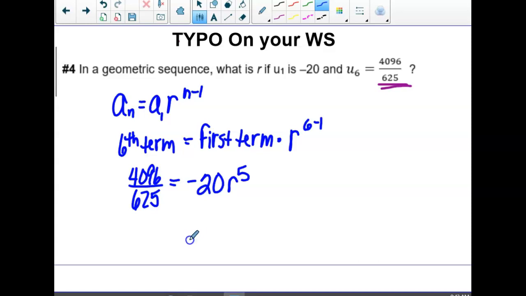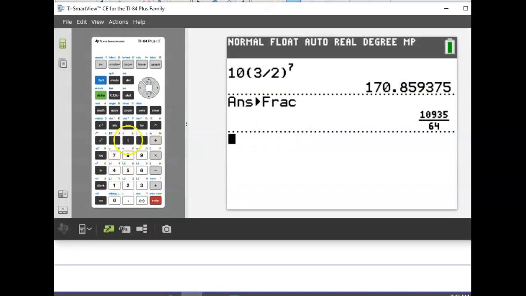How do we need to work backwards to find R? Negative 20 times R to the 5th, what do you have to do first to get the R by itself? It was times, so we need to divide by negative 20. All right, so this is not going to be pretty. Parenthesis, was it 4096?